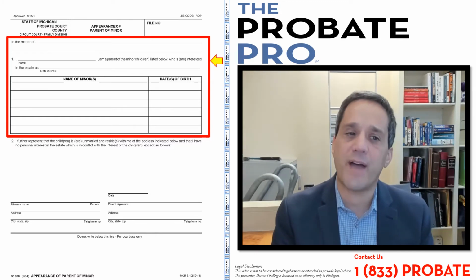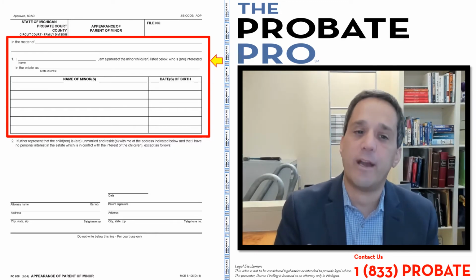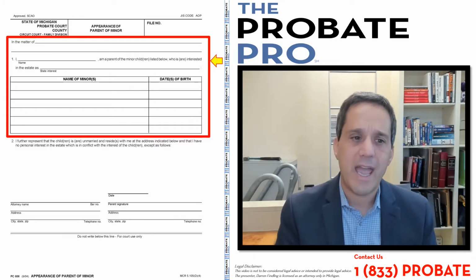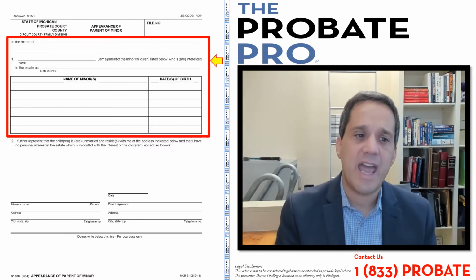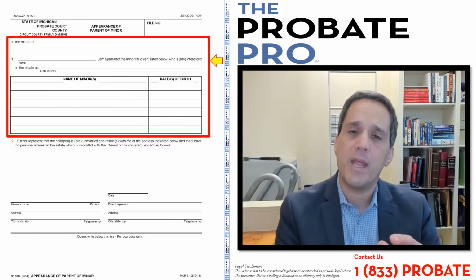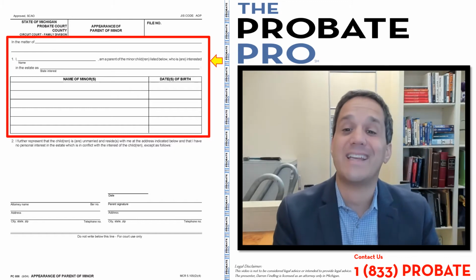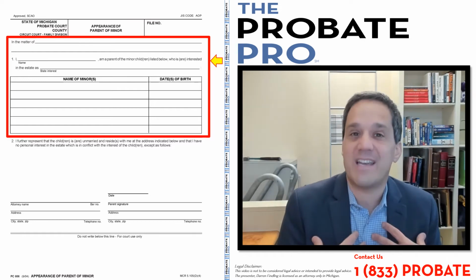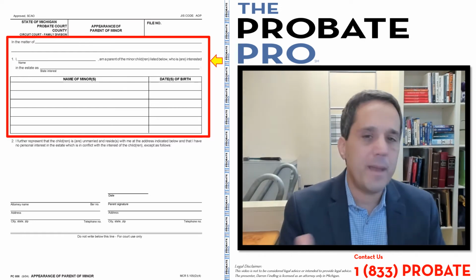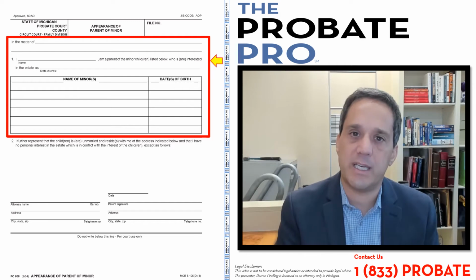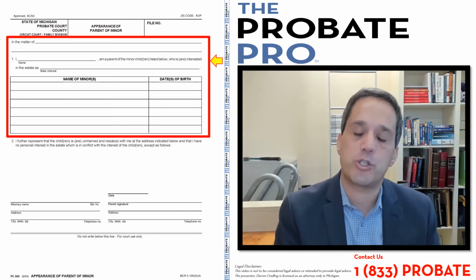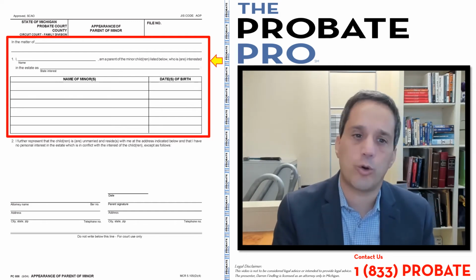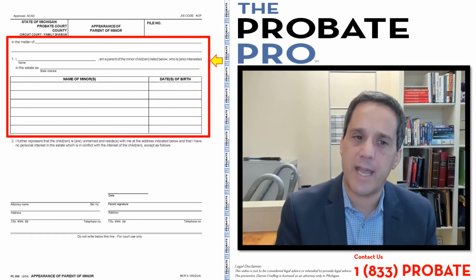Below that, you identify who you are, that you are the parent of that minor and who's interested in the estate, and you'd identify, for example, if they're interested in the estate as an heir of the deceased estate, or a devisee, meaning they're identified within the will, or maybe in a guardianship or conservatorship proceeding that you're an interested party by virtue of Michigan court rule or statute, you'd identify your name.